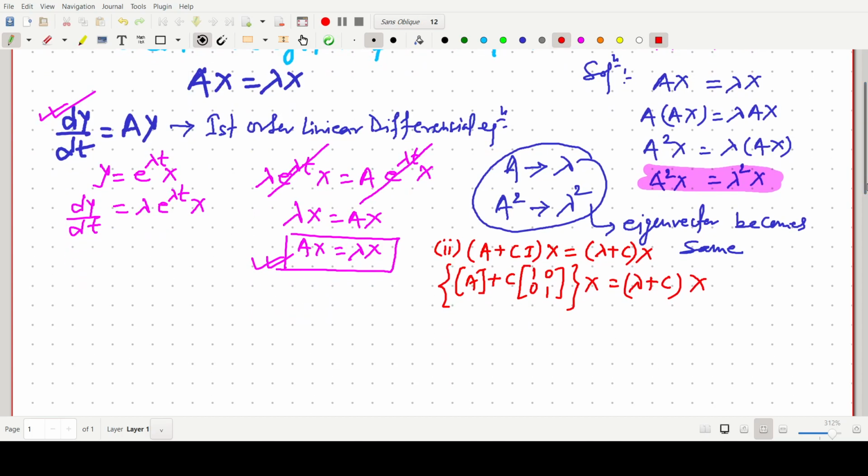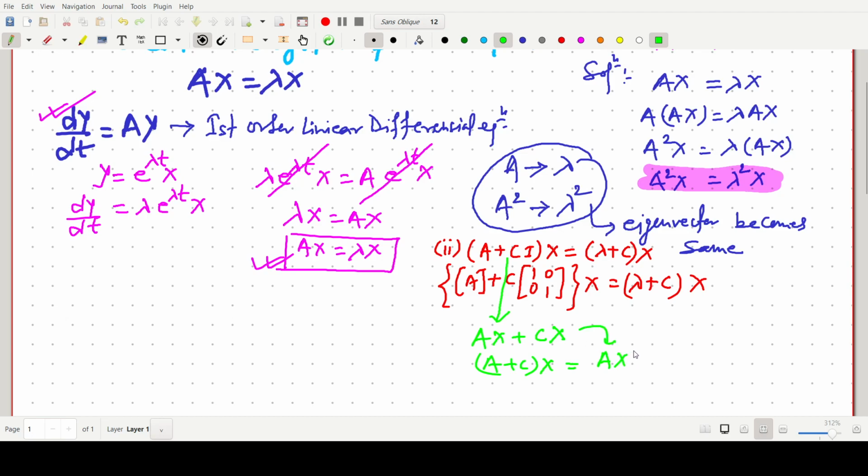For this purpose, from this equation we can write Ax plus cx. Taking x common, this is A plus c times x. On the right hand side, we have Ax plus cx, and Ax is nothing but lambda x, so we get lambda x plus cx.